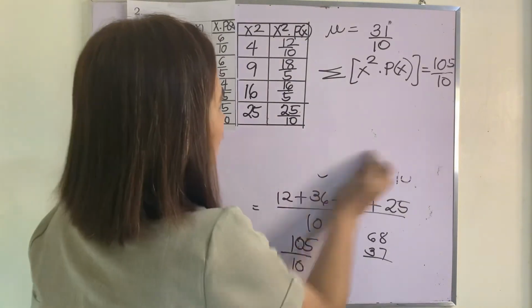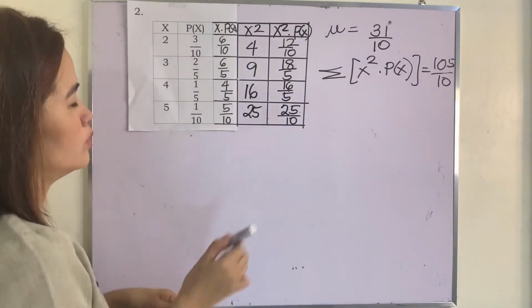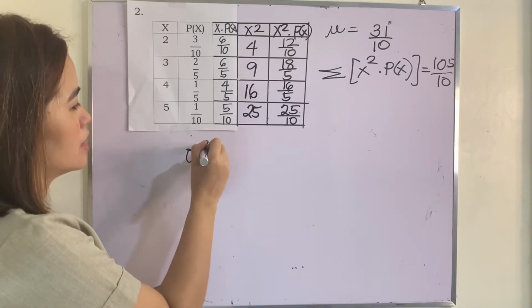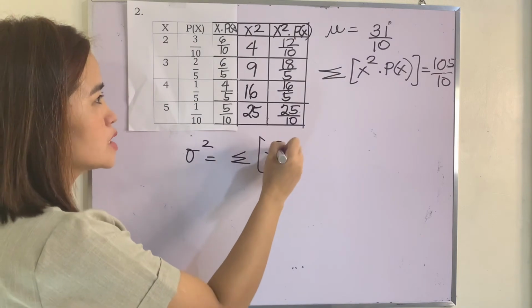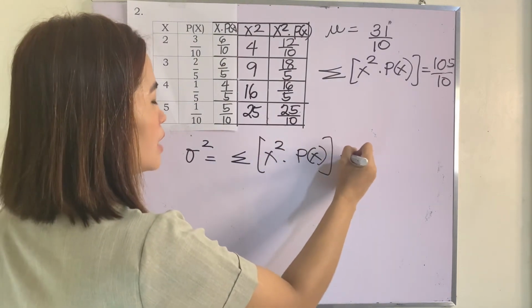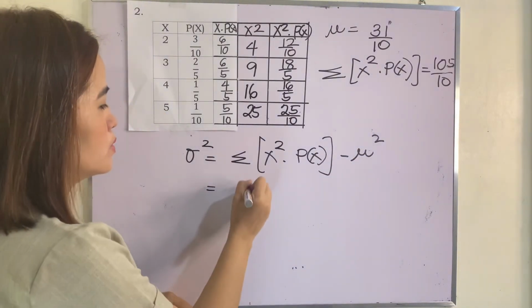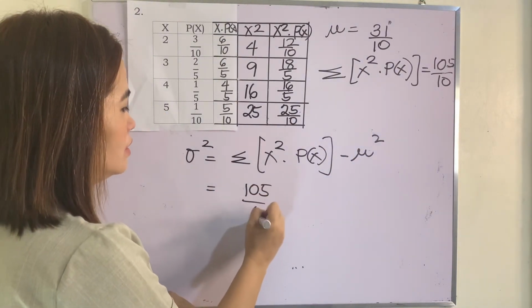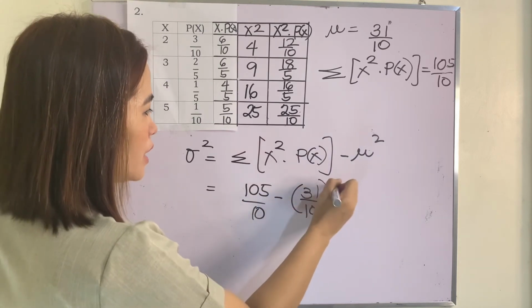We already have our mean there. Our mean is 31 over 10. And the variance is the summation of x squared times p of x minus mean squared. So this one is equivalent to 105 over 10 minus 31 over 10 squared.